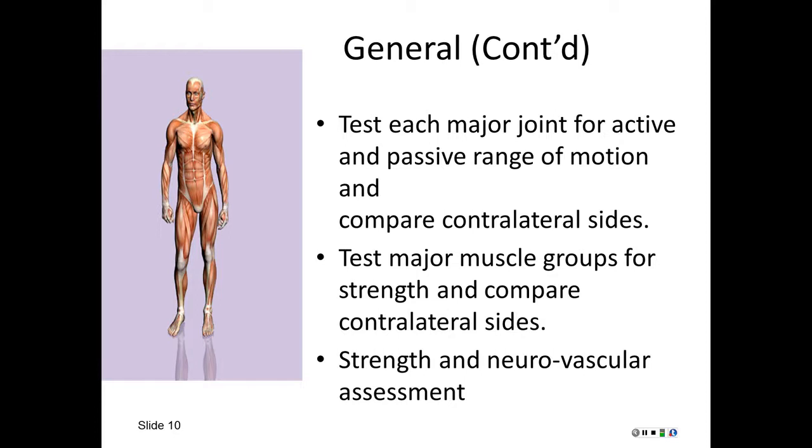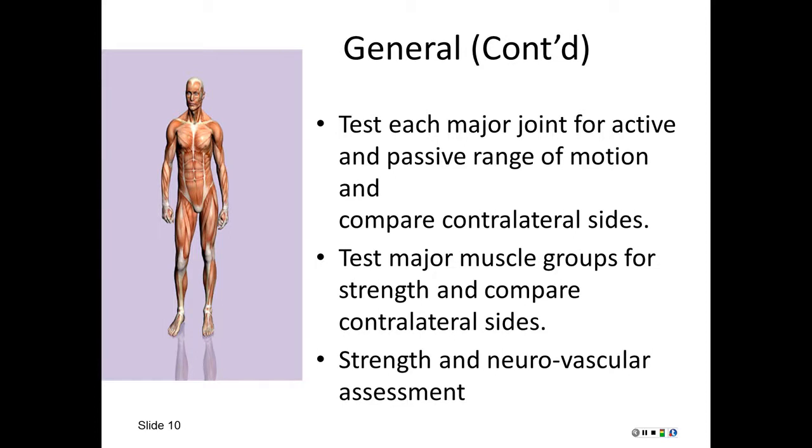You're able to push them a little bit more, and that margin between active and passive range of motion, with passive being a little bit more, is what physical therapy works on to try to get the active range of motion as close to the passive as they can.